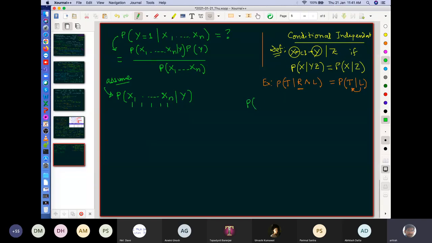So let us try to see for two attributes, x1, x2 given y. What does this mean? How can you say it? Apply the chain rule: probability of x1 given x2, y into probability of x2 given y. For the first one, I assume that my attributes are conditionally independent.